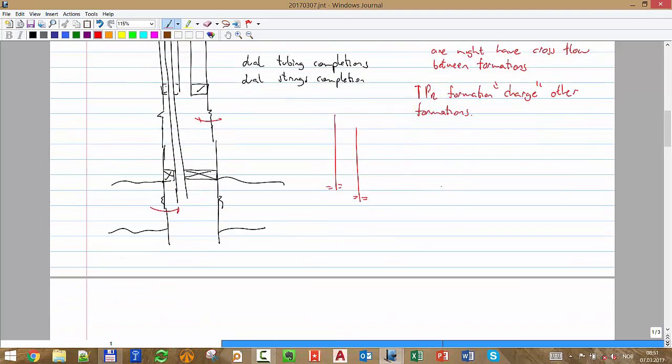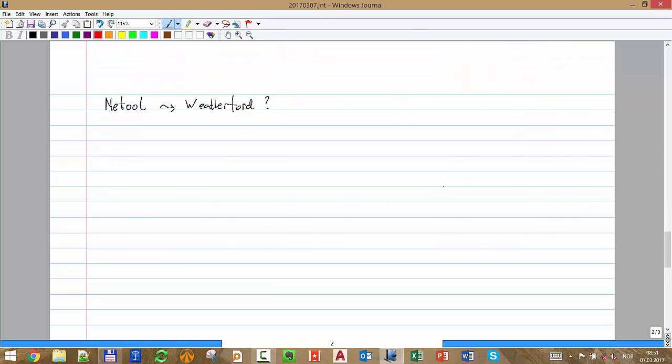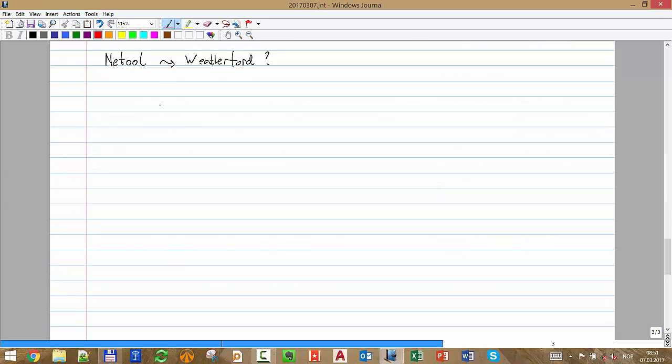We can do exactly the same thing. We have one single production pipe, production tubing. We have the first formation. We can make it maybe with two here. And we have another packer and the second formation.